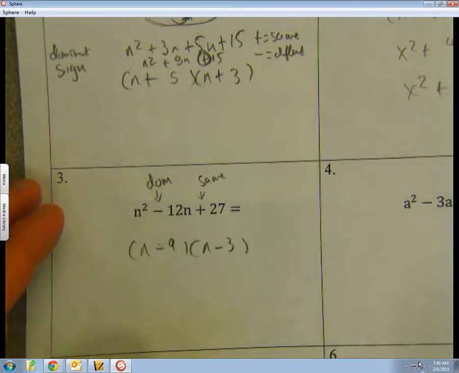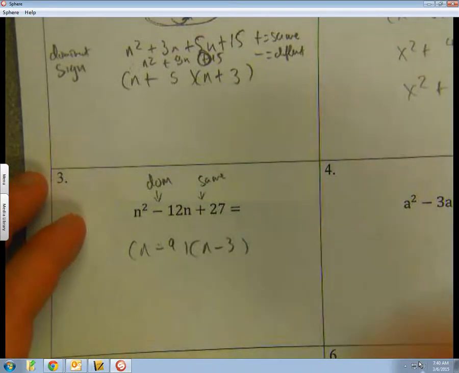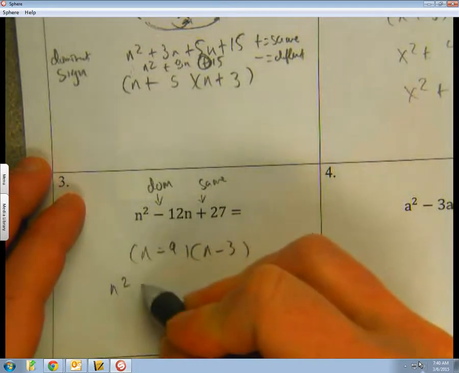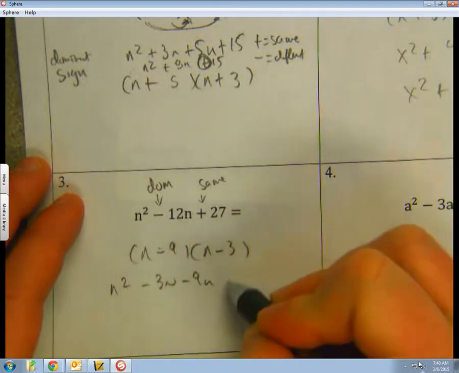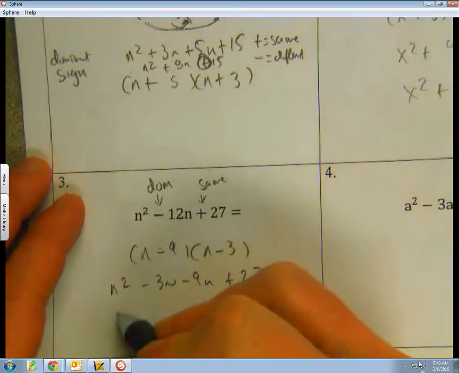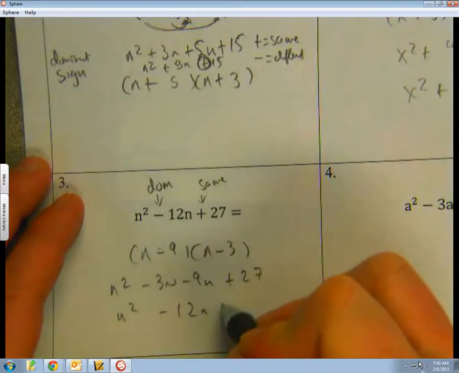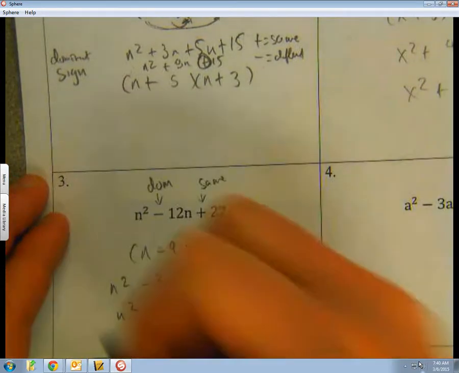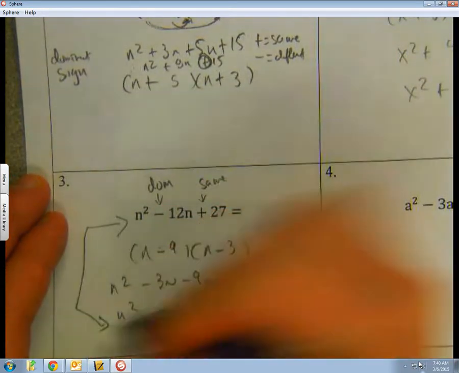Again we can redistribute and see what we get. So we get n squared minus 3n minus 9n plus 27. Combine those two and we get n squared minus 12n plus 27. Hey, it's a match, it works. This is the same as that.